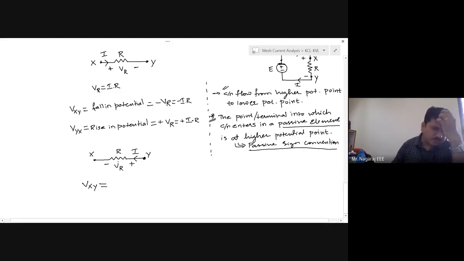When I trace from X to Y, as per the direction of current, I have marked the polarity of the potential across the component. With respect to the trace direction, it is a rise in potential. So it is plus VR, which is I into R.